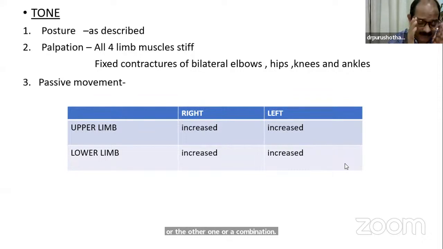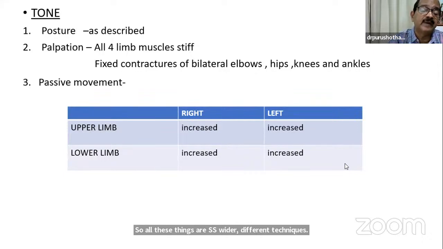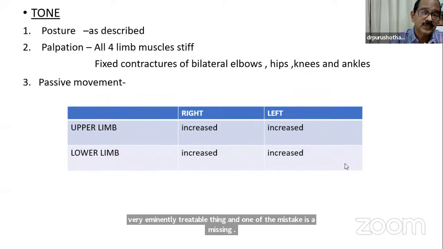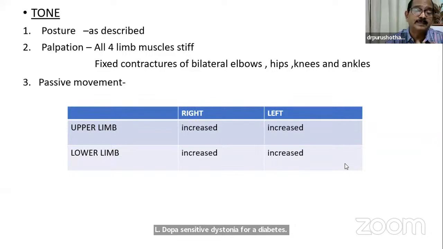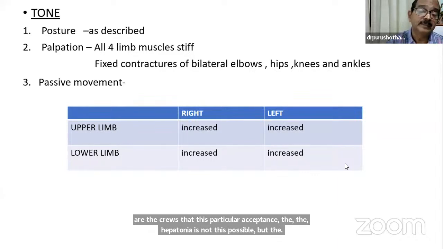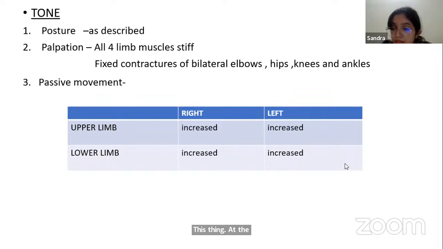How to differentiate? One of the mistakes is missing a purely dopa-sensitive dystonia, an eminently treatable condition, for a diplegia. So what are the clues that the hypertonia is not spasticity but dystonia, extrapyramidal rather than pyramidal? What are the clues?